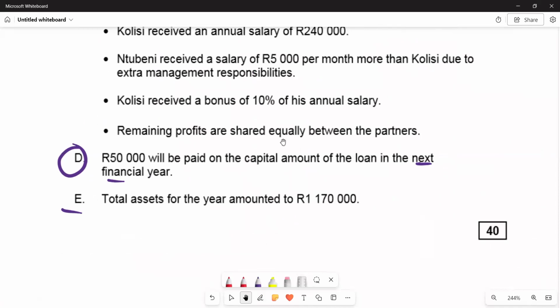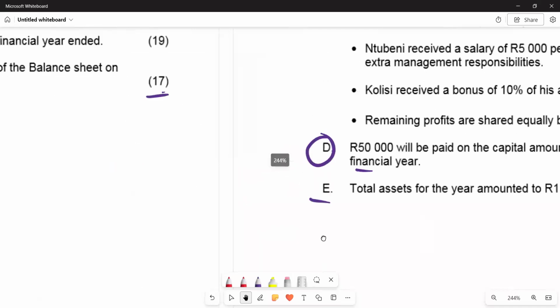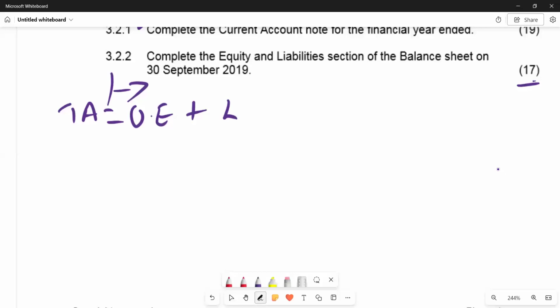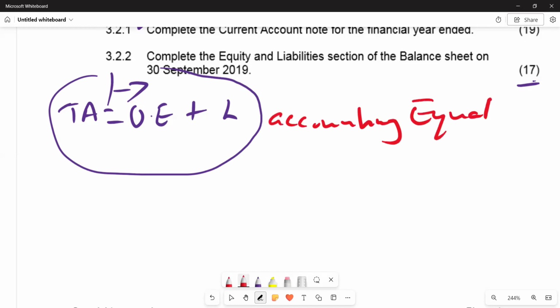If you come back to the explanation that we did at the beginning of the question, we explained this relationship according to the accounting equation, whereby total assets is equal to owner's equity plus liabilities.